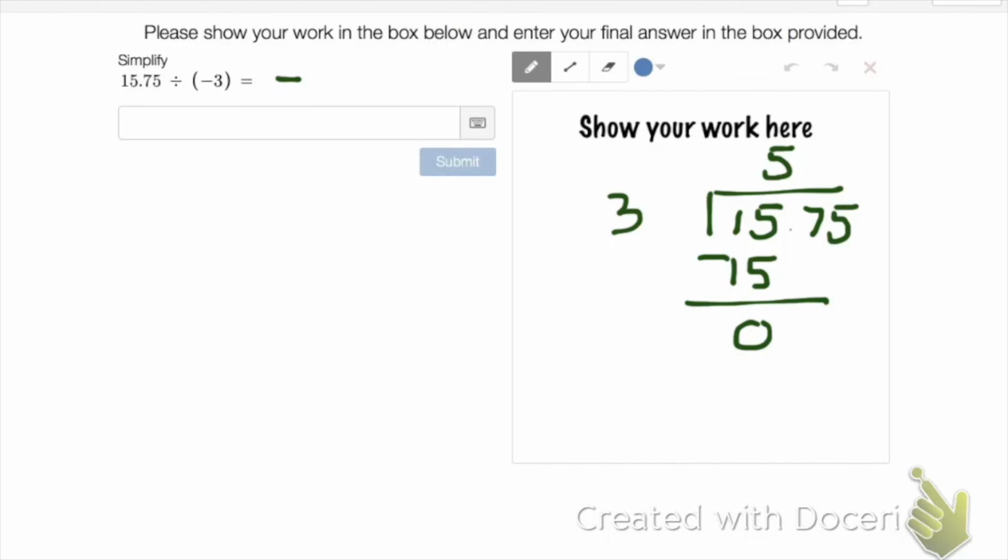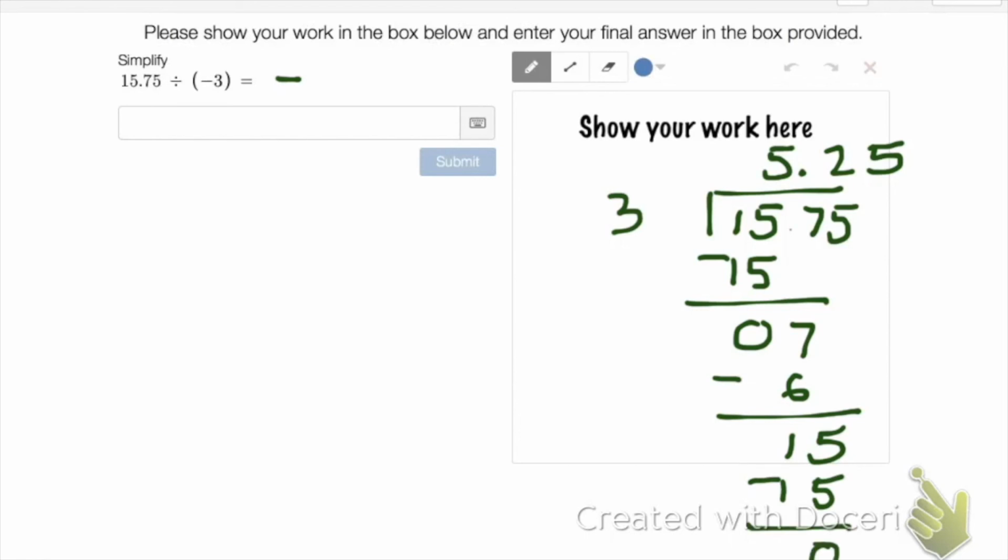Okay, then before you go to 7, you see the decimal, so you have to bring up the decimal. Now you can drop the 7 down. 3 goes into 7 about 2 times. 2 times 3 is 6. Now you can bring down the 5. 3 goes into 15 about 5 times. So 15.75 divided by negative 3, the answer will be negative 5.25.